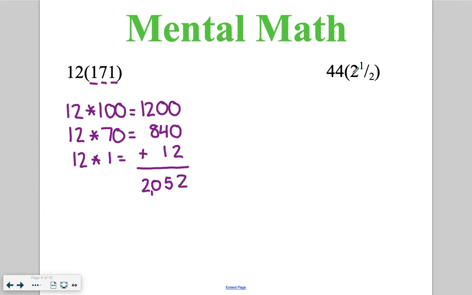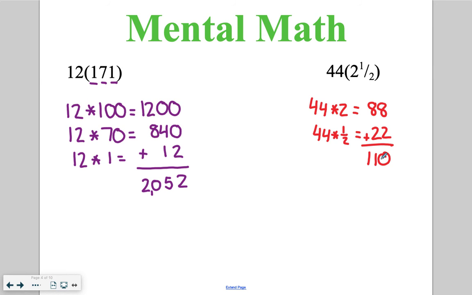Same thing works if we come over to this next example. We can break it down into the whole number and the fraction. So we have 44 times 2, which is going to give us 88. And 44 times 1/2, which is going to give us 22. 2 plus 1/2 is 2.5, so if I add up these numbers, I can see that my final answer is going to be 110.